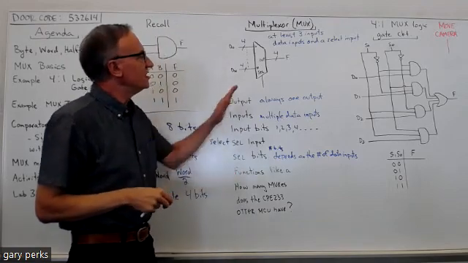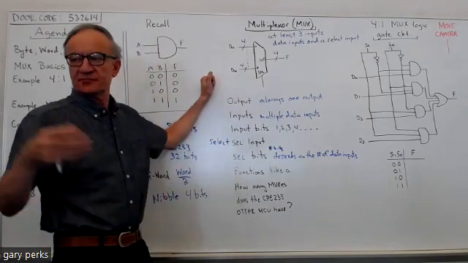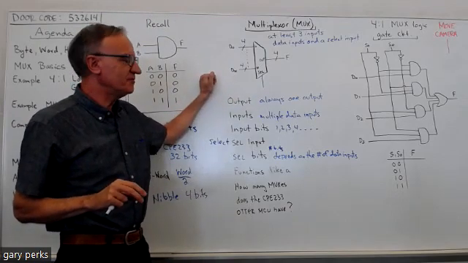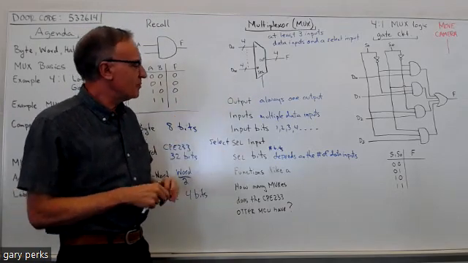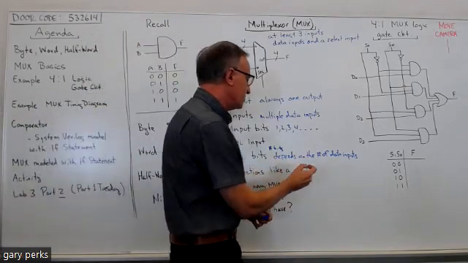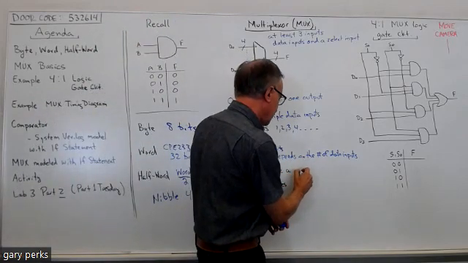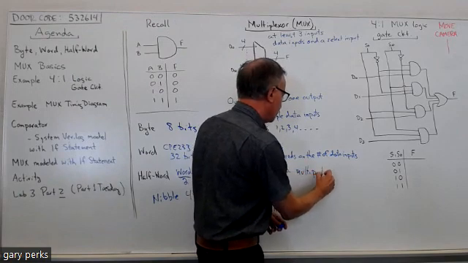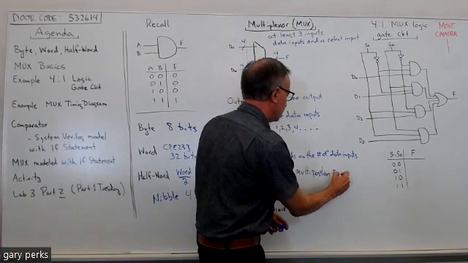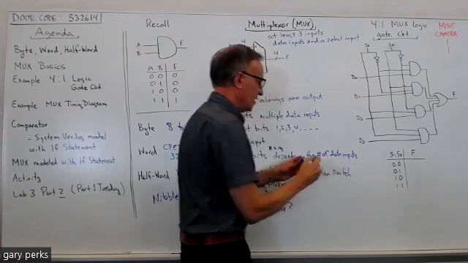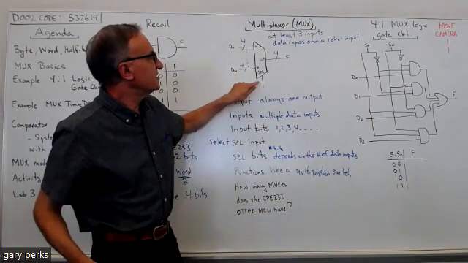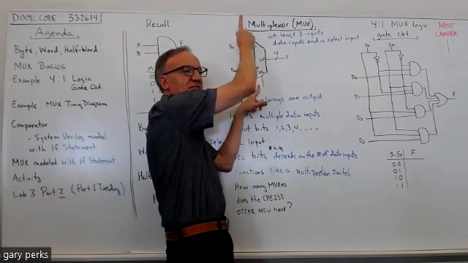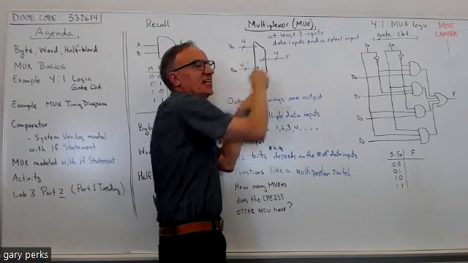And you see the reason we have that relationship between the select bits and the number of data inputs is because a MUX functions basically like a multi-position switch. The select input determines which one of these multiple data inputs gets connected to the output.